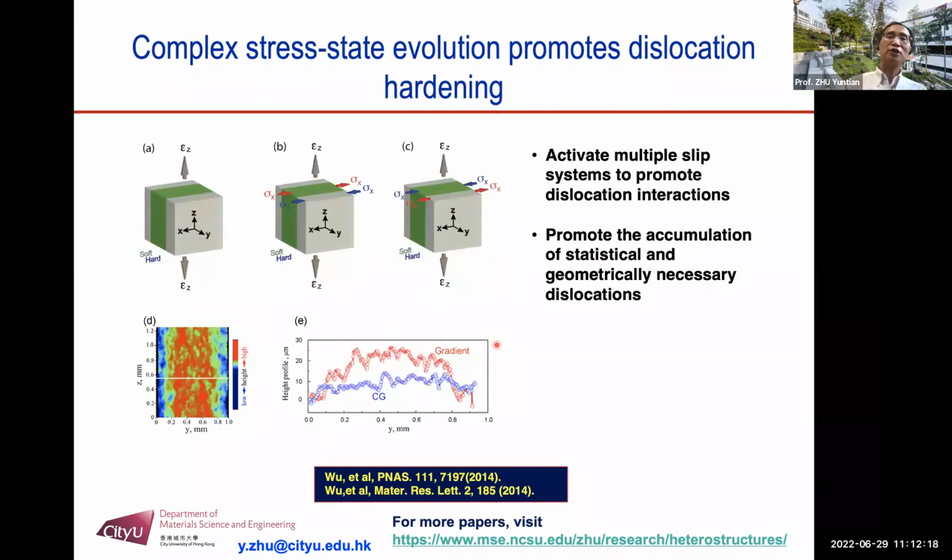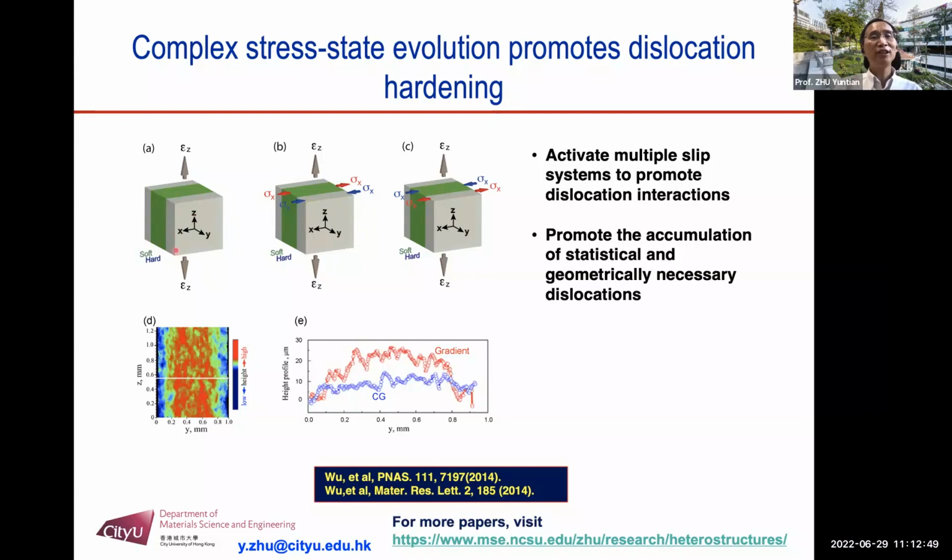In addition to HDI strengthening, there's another factor which gives heterostructured materials better properties, which is the change of stress state. Now here's a gradient structured material. There's a surface gradient layer and a soft central layer sandwiched between two high strength gradient layers.